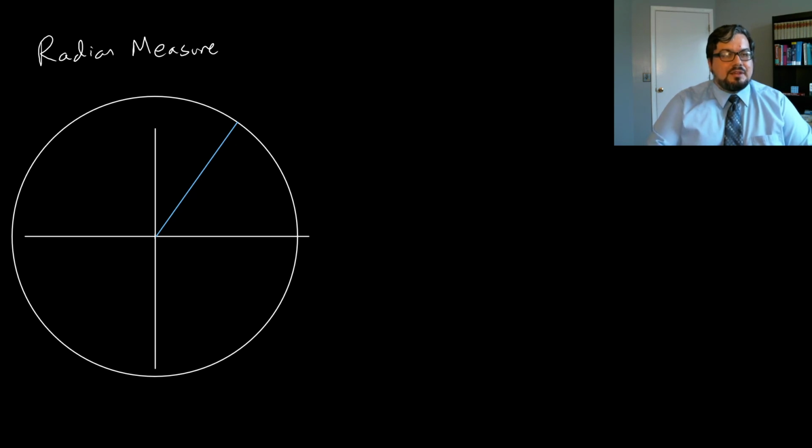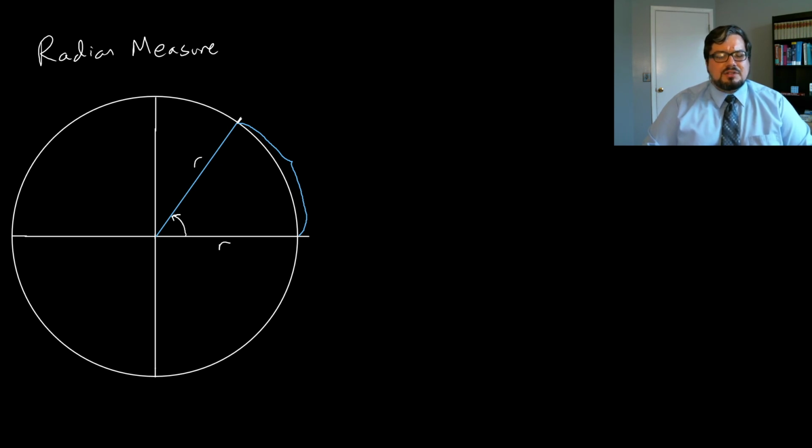I can look at the radius of this circle. The radius is going to be some number. And as I consider various angles that move further and further out along the circle, then I can look at the length of this arc that gets created on the exterior of the circle.